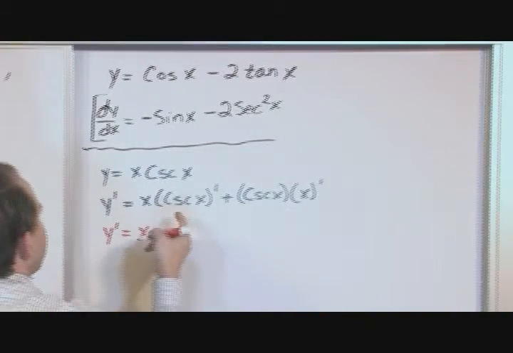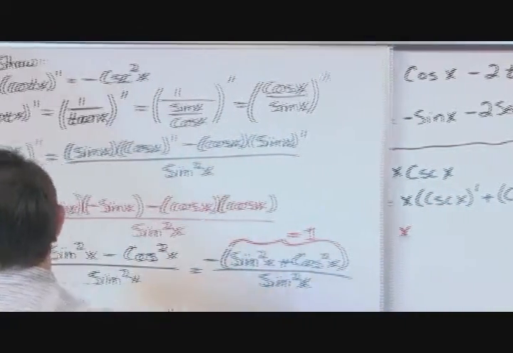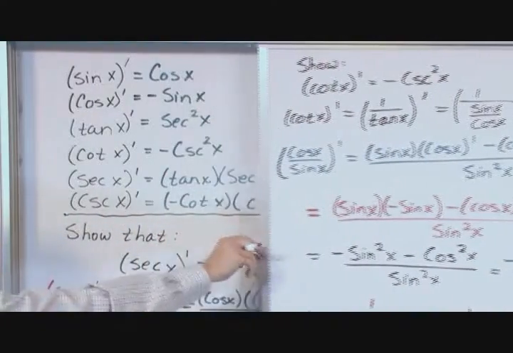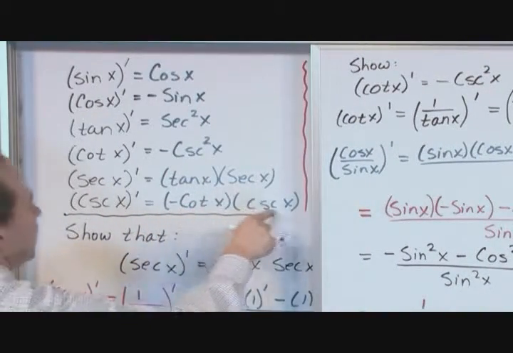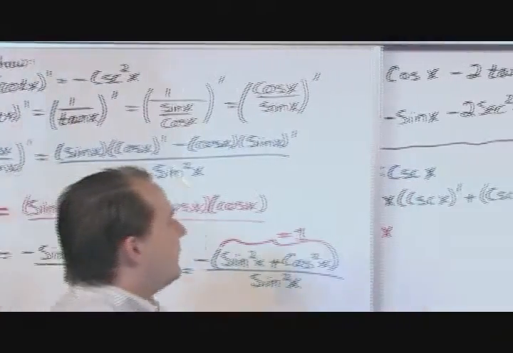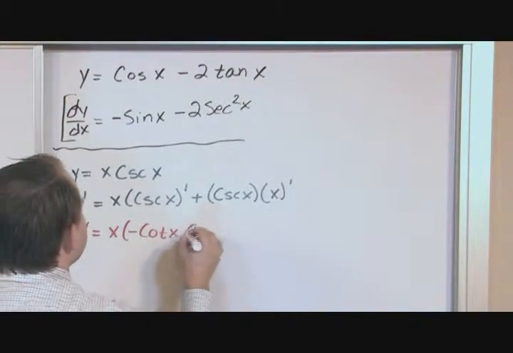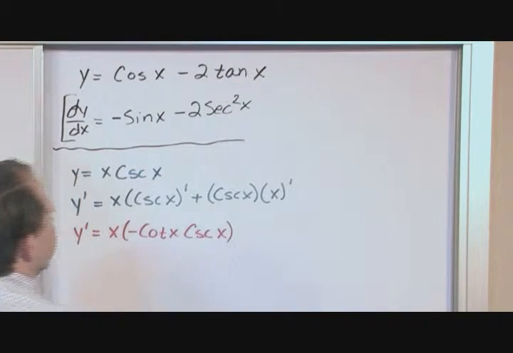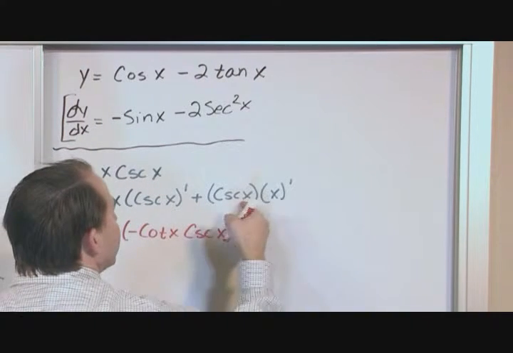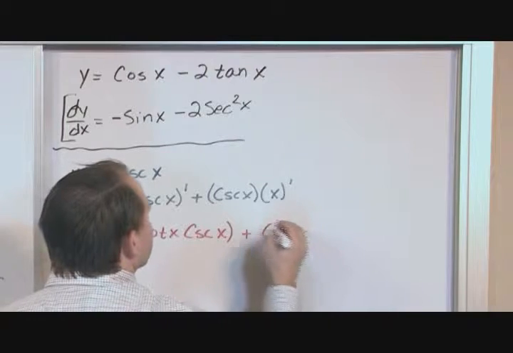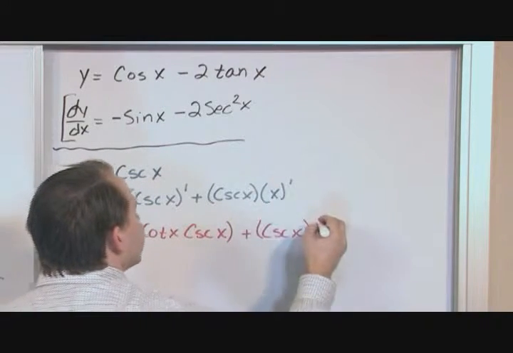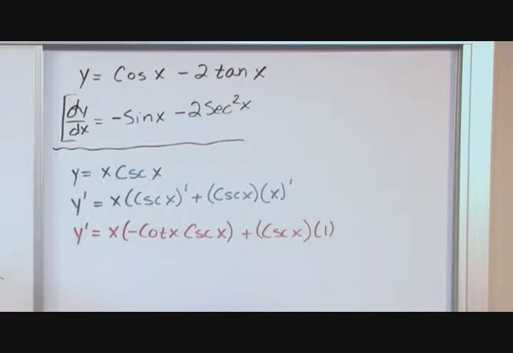Now let's take the derivatives. We'll have x times, what is the derivative of cosecant? Derivative of cosecant is negative cotangent times cosecant. From our table, negative cotangent times cosecant. Okay? Plus, here we have cosecant. What is the derivative of x? Just simply 1. All right? So really, this is about it.